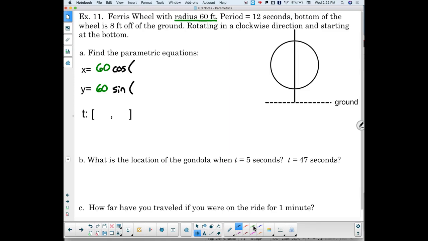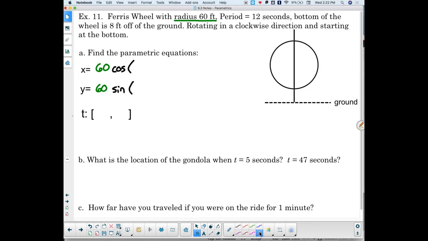Right? Clockwise. So is that a positive or is that a negative direction of spin? That's negative because it's opposite the unit circle. Okay? So that means that this B here is going to be negative because of the clockwise spin.